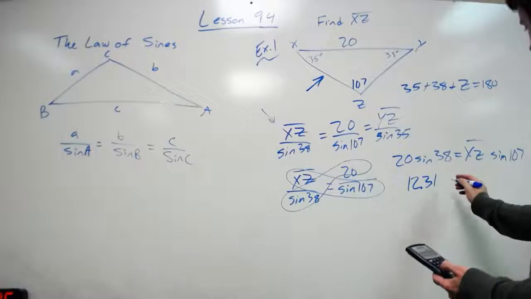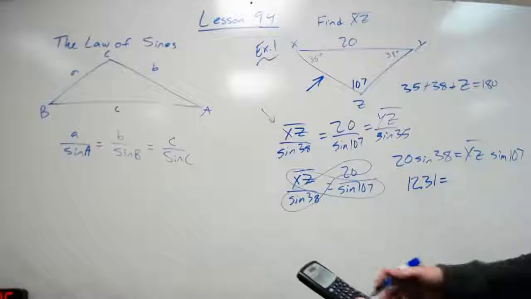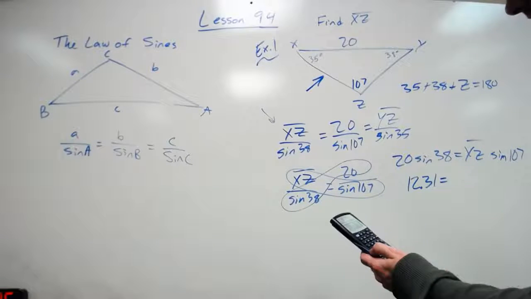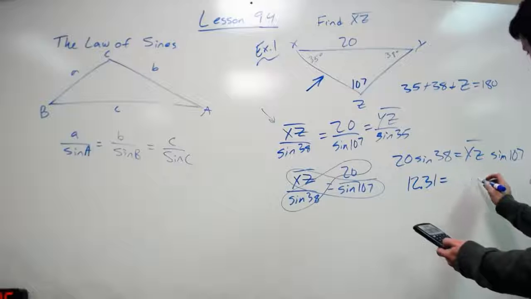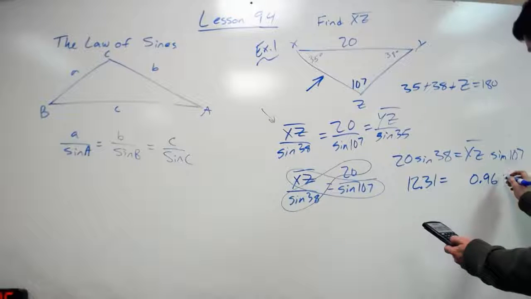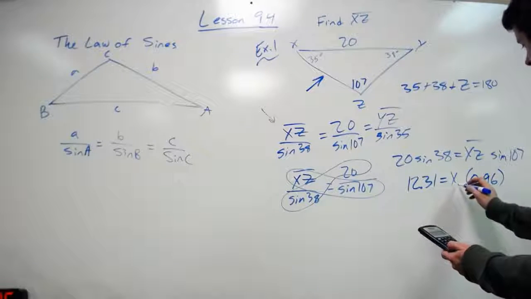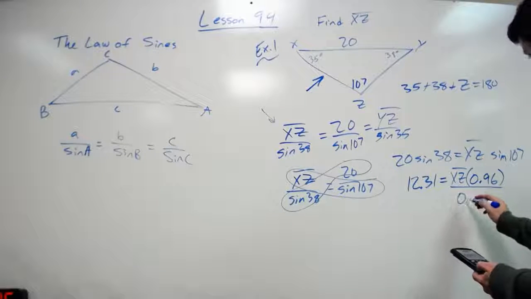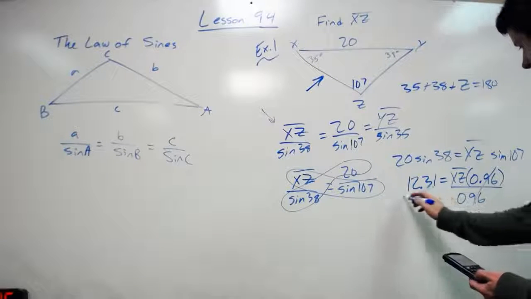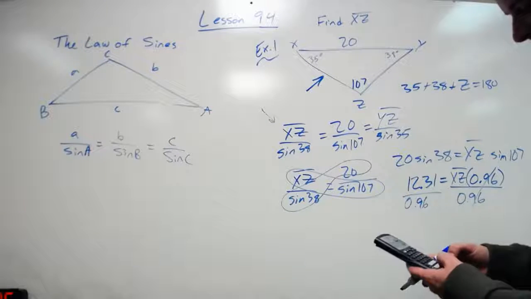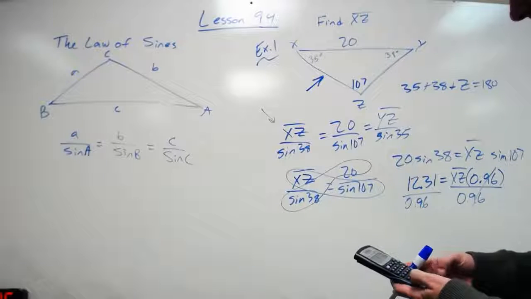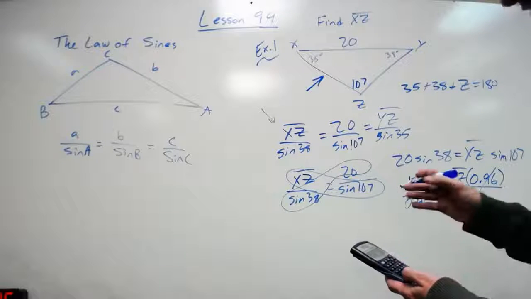Now I can find what sine of 107 is. I plug sine 107 into my calculator and get roughly 0.96, and that's times xz. To find xz, we get it by itself by dividing. So 12.31 divided by 0.96 comes out to be roughly 12.82.